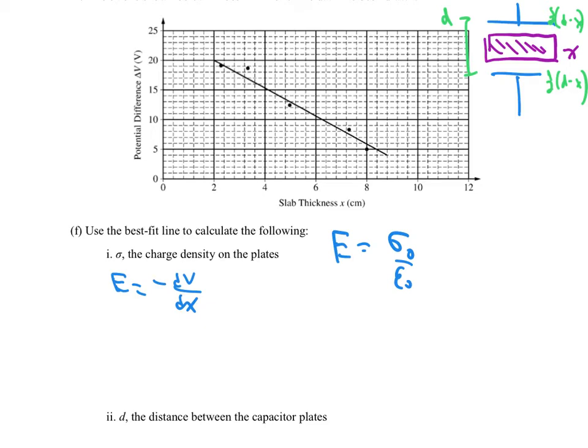So we can say here that sigma is epsilon naught E, so it's minus epsilon naught E times dV dx.